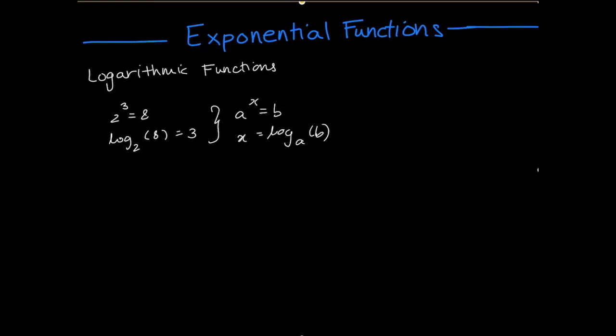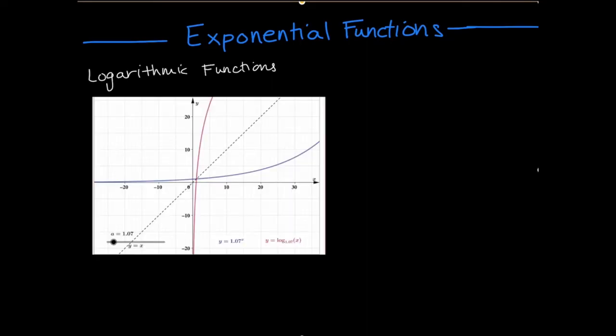So in terms of functions, we can see that exponential and logarithmic functions are also related in kind of an interesting way. Okay, now let's have a look at this graph on the left. And this basically shows us what I meant by that interesting relationship between logarithmic and exponential functions. Over here, we can see that the pink graph is log base 1.07 of x, and the blue graph is 1.07 to the power of x.